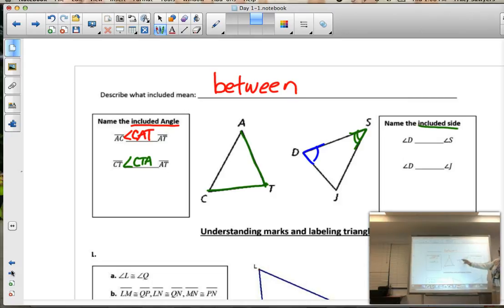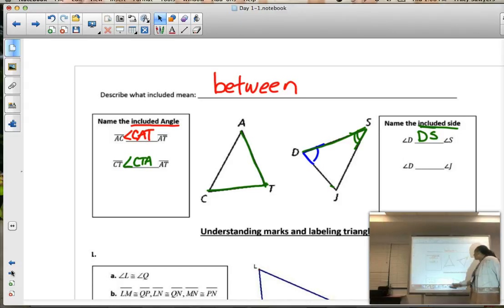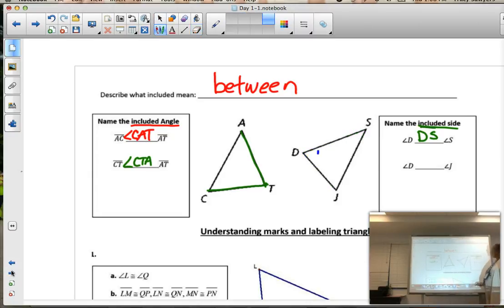DS. DS. You have to be very careful. I like to make sure that you realize what you're talking about. If I were to identify this with 3 letters, you couldn't just look and say DS, because we have those angles named with 1 letter. You need to make sure that you're looking, and look, I'm going to use 2 colors so you can see the technique that you should use.